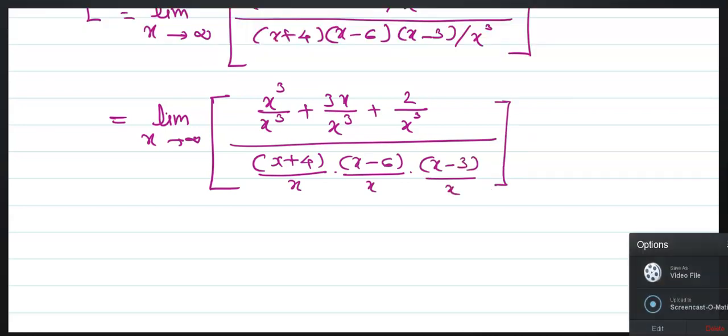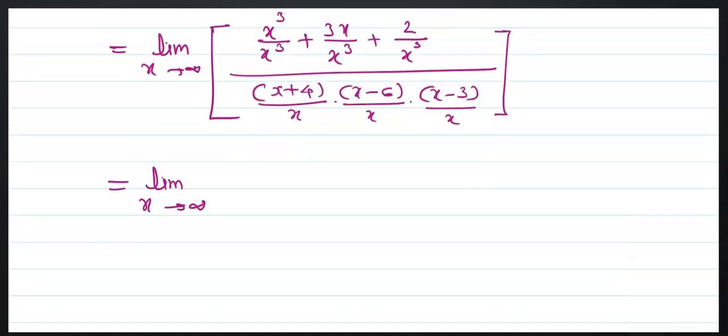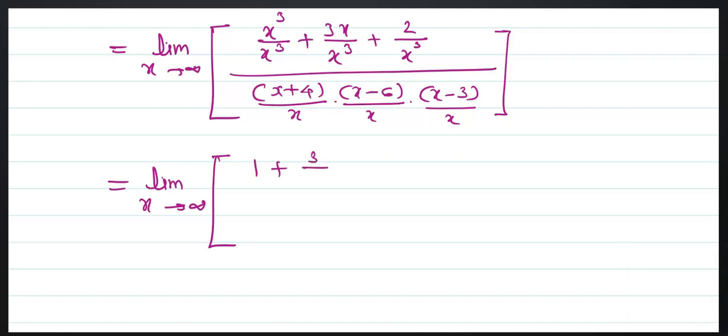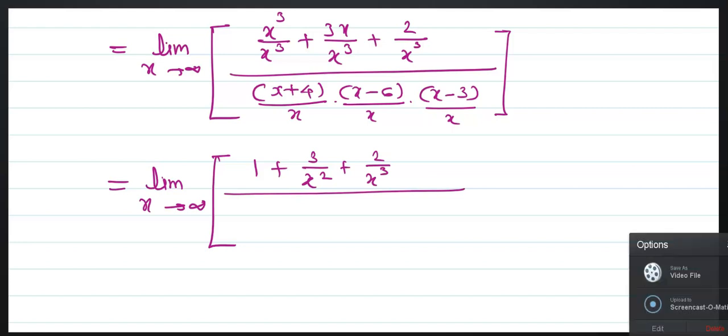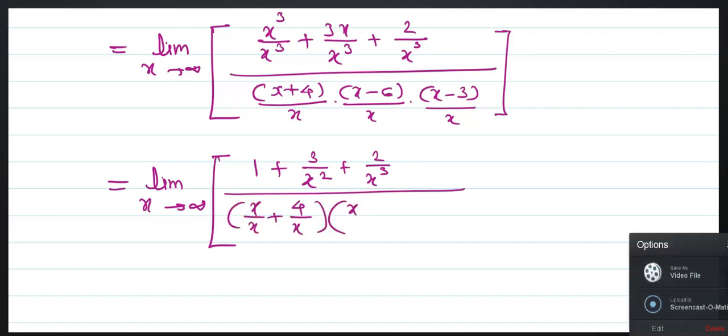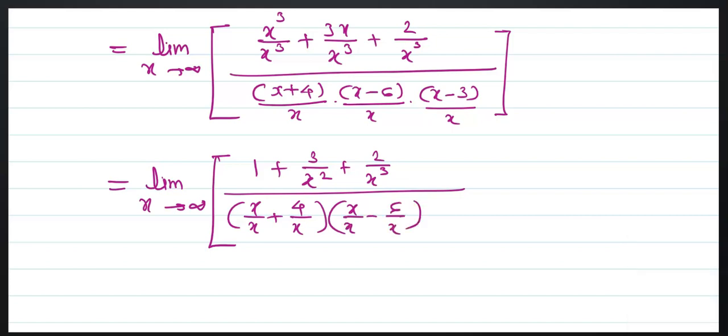Therefore, the limit as x tends to infinity of 1 plus 3 upon x square plus 2 upon x cube, again division, that is x minus 6 upon x.